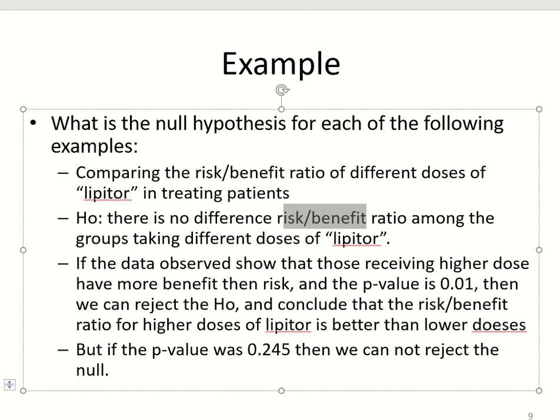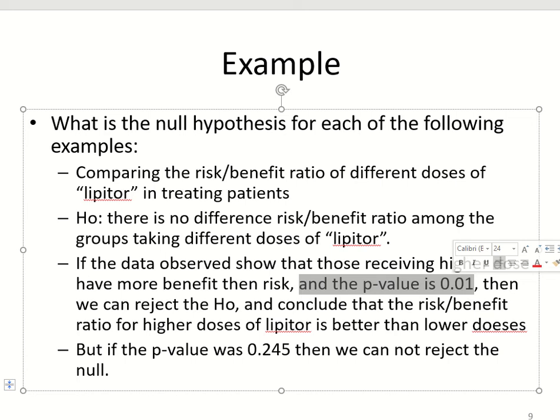If the data observed showed that patients receiving a higher dose have more benefit than risk, this is the observed. And the p-value, this is the key thing, the p-value is 0.01, meaning this occurrence should occur only 1% of the time, if, and that's the key point, if in reality there is no difference.